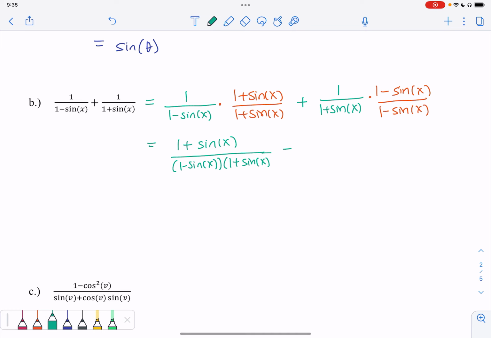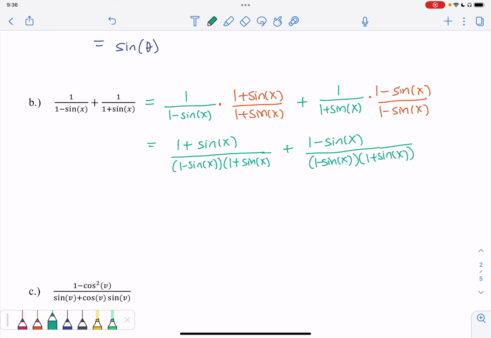And similarly over here, 1 minus sine of x all over 1 minus sine of x, 1 plus sine of x, where those two quantities are multiplied together. Notice that I wrote 1 minus sine x in front as the first factor just to show that the denominators are indeed the same.